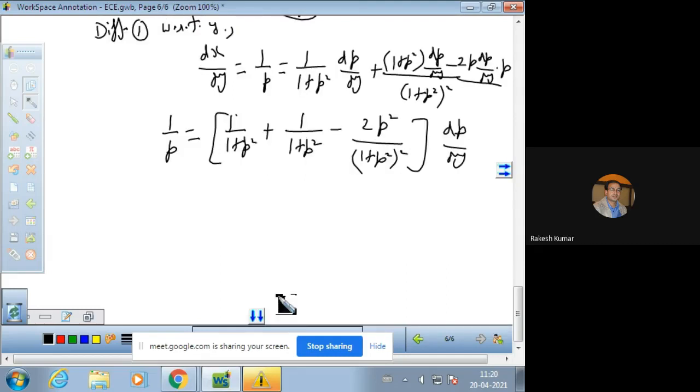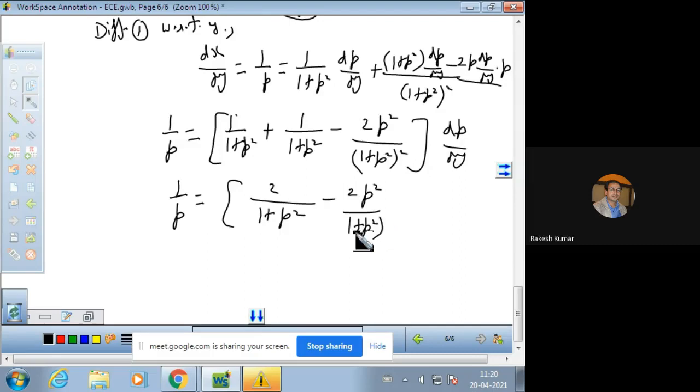So ultimately you will have 1 over p equal to 2 over 1 plus p square minus 2p square over 1 plus p square whole square into dp over dy.